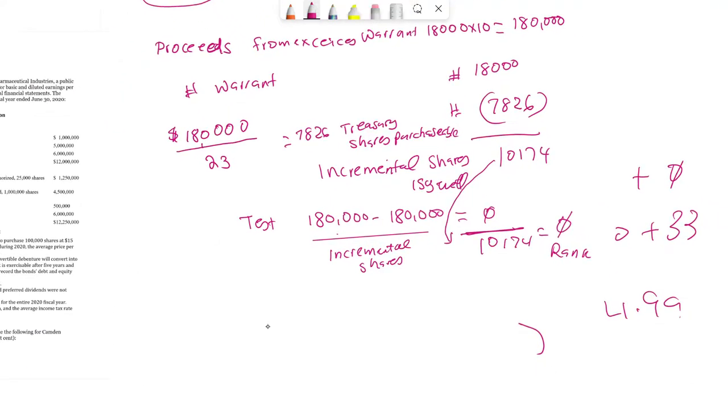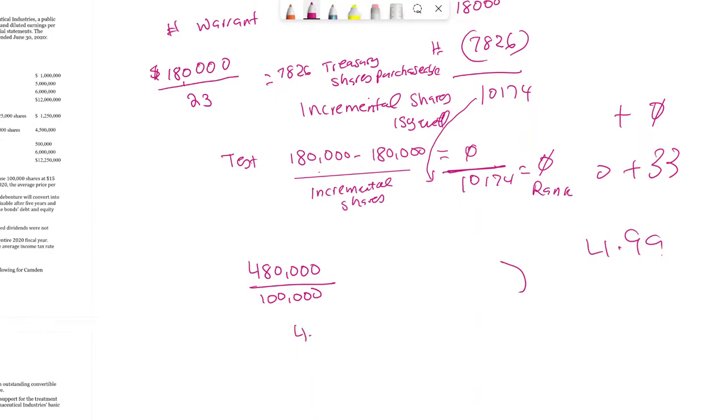So what we needed to do is redo the calculation. Our basic is 100,000, that is $4.80. That's your basic earning per share. From there, our next one is our diluted earning per share.